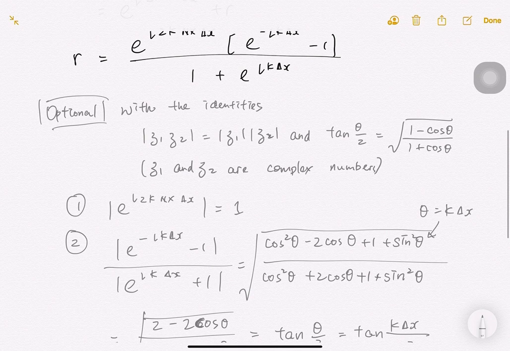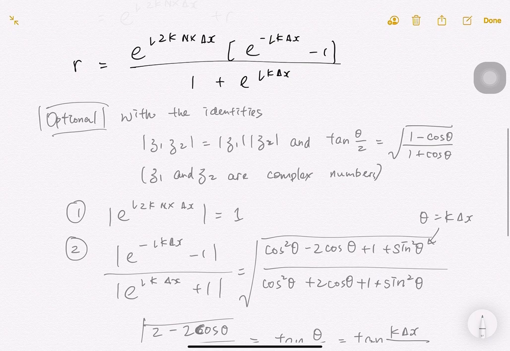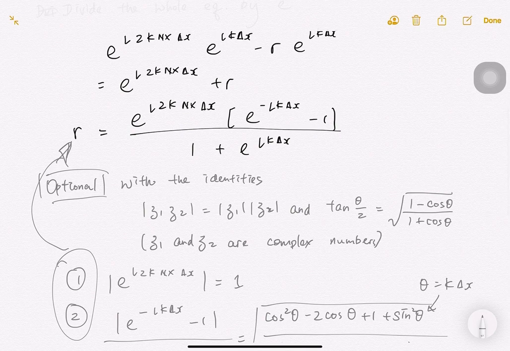Okay, we can make use of these two expressions to rewrite the value of R in here. The magnitude of R actually is what we want to look at. So if we want to look at the magnitude of R, we are actually looking for the magnitude of this one and also this one, right?